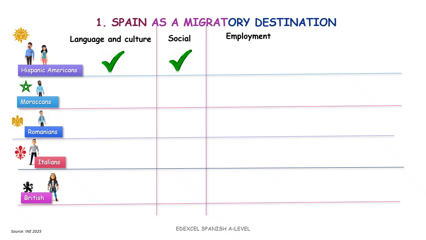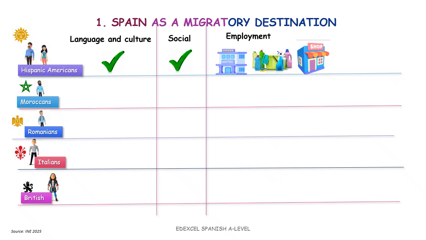In terms of education, their children usually adapt very quickly to the school system because of the shared language. And for employment, many work in hospitality, domestic services, and commerce. Some manage to achieve job stability and even start small businesses.